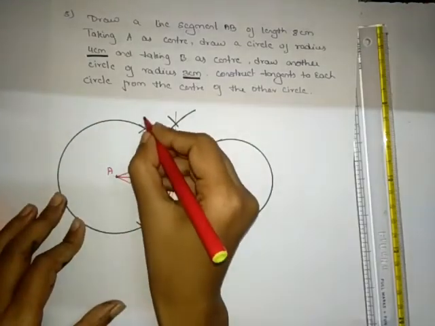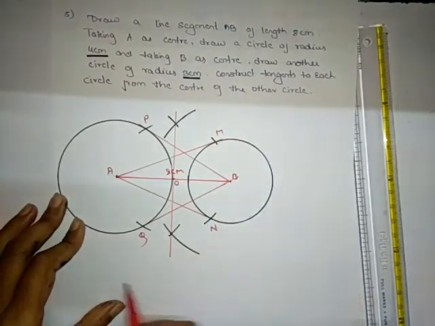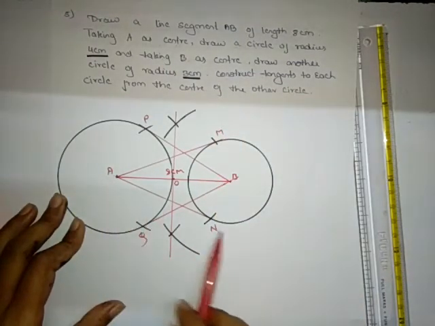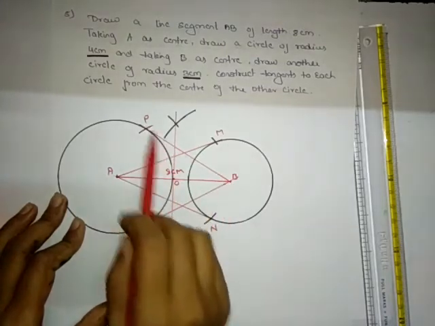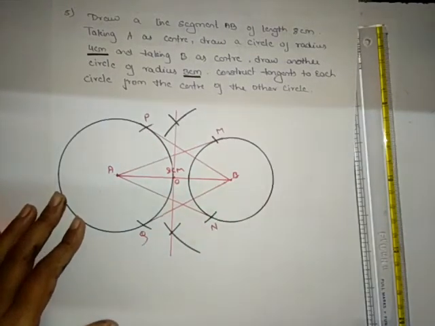We'll name them: this is P, this is Q, this is M and this is N. Right? Here the required tangents are AN, AM, BP and BQ. So we'll write the sentence here.